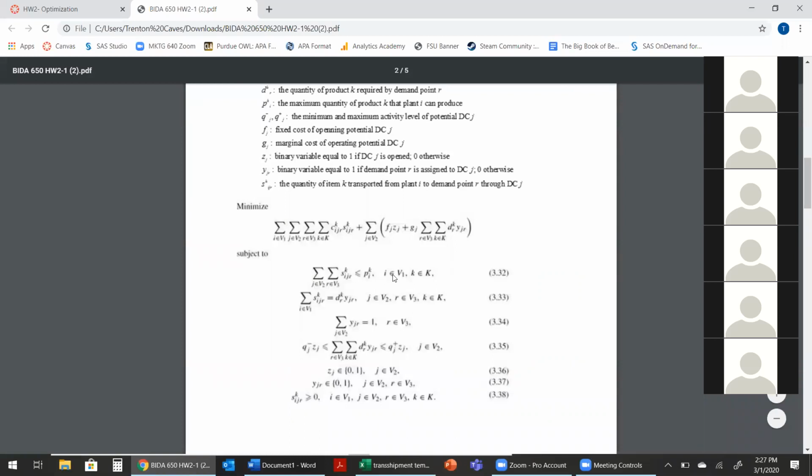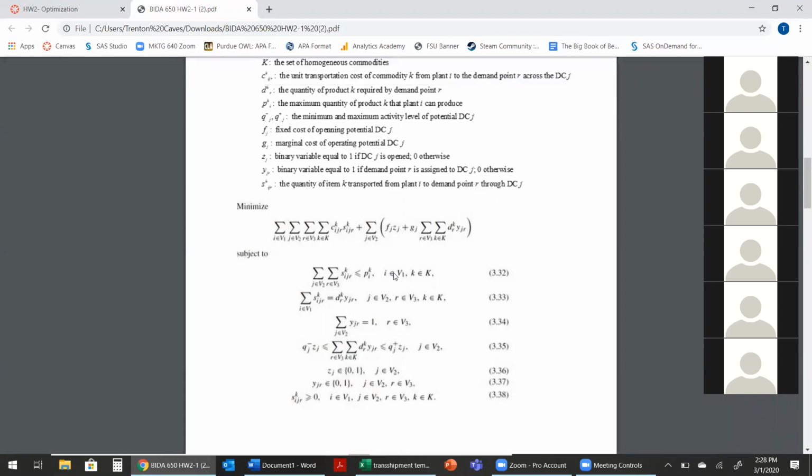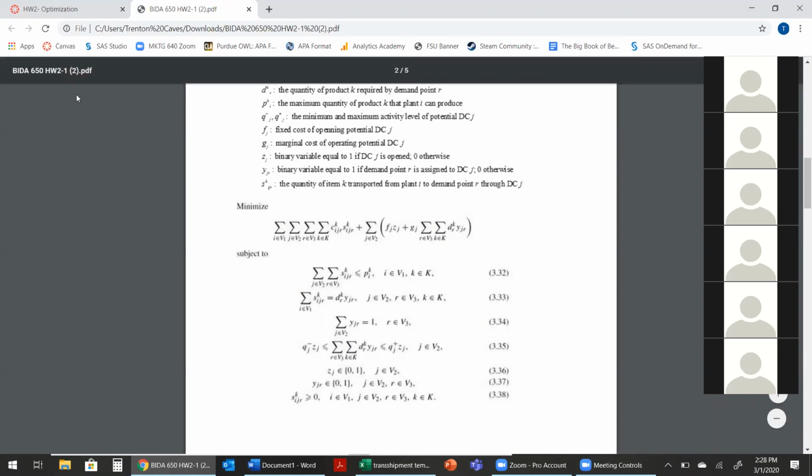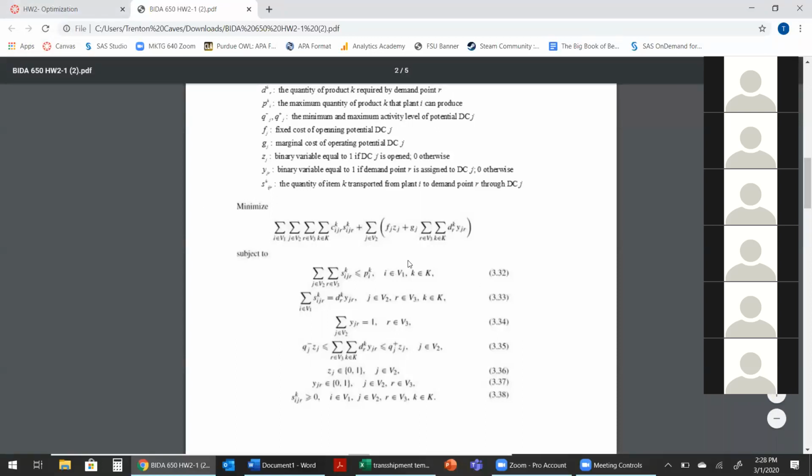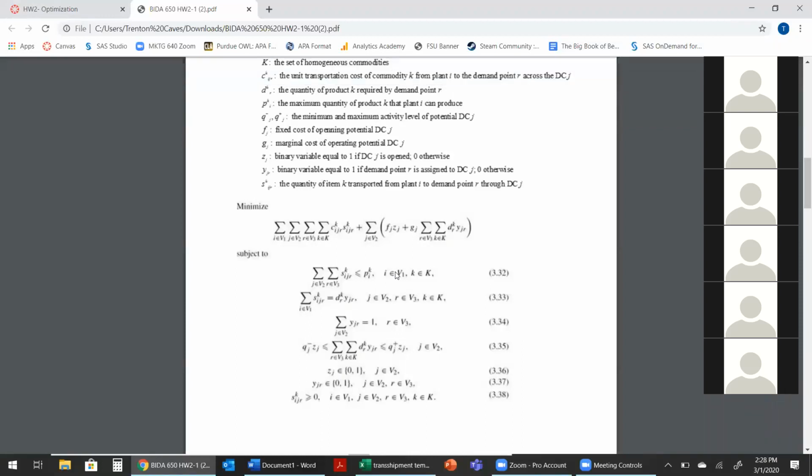So here in question 3, you see this symbol, it kind of looks like an E. That symbol just means belongs to the set. That symbol is available in Word, but just for our purposes, don't worry about it.